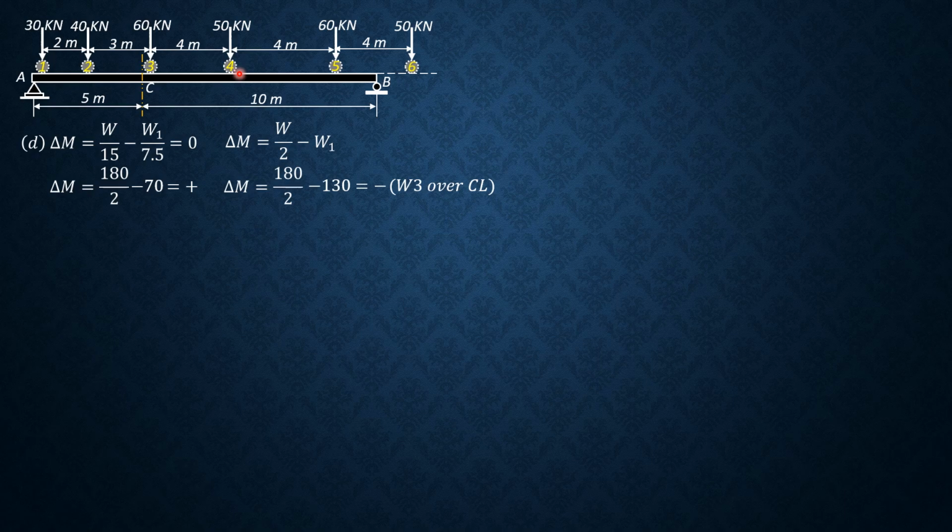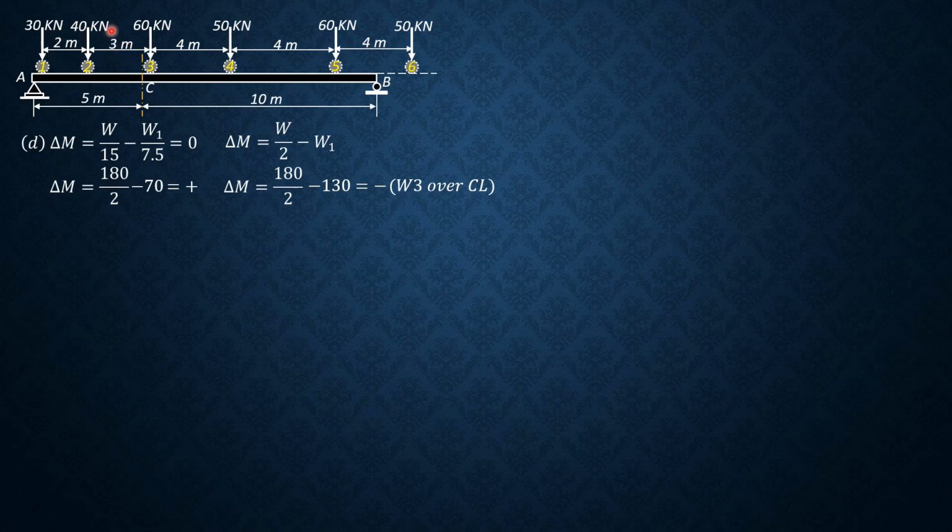Then let's consider load 4. Load 4 over C just to the right. If load 4 is just to the right of the center line, then 50 is out because 4 plus 4 is 8, greater than 7.5, or half of the span, and W would consist only of 40 and 60. 30 will be out of span also because 7 plus 2 is 9, 3 plus 4 is 7, so 40 is part of W1 and 60 part of W1.